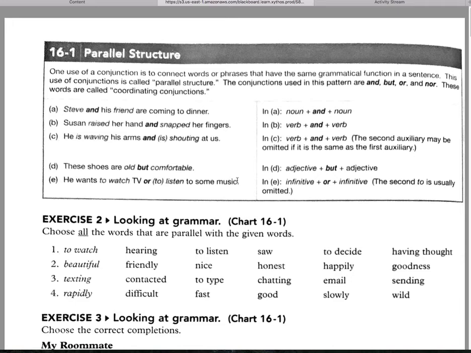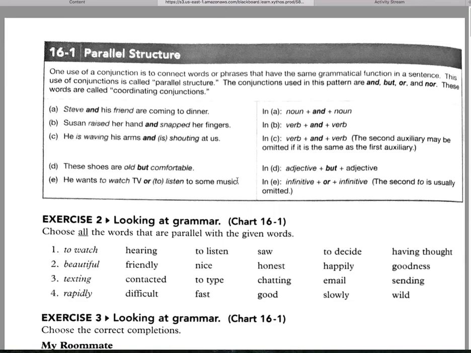So remember, parallel structure is you're connecting two parts of speech that must be the same. Noun and noun, or verb and verb, gerund, gerund, infinitive, infinitive, adjective, adjective, or adverb, adverb. They're both connected with a conjunction: and, but, or, nor.